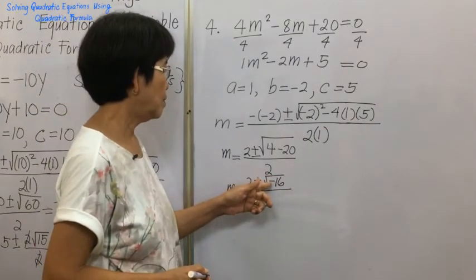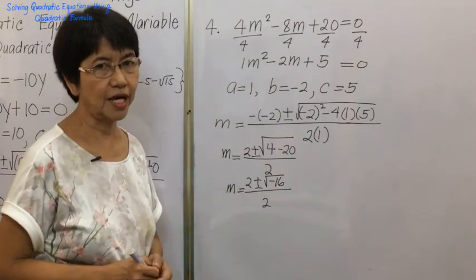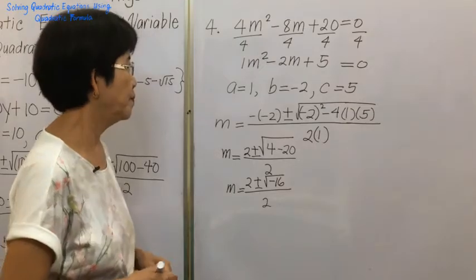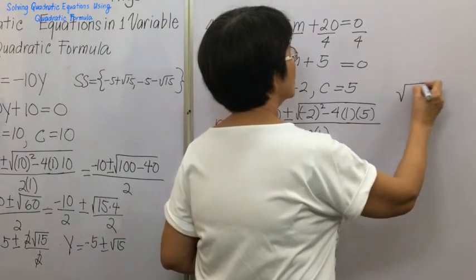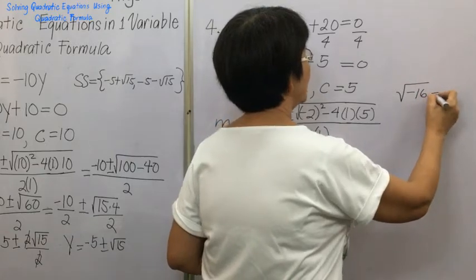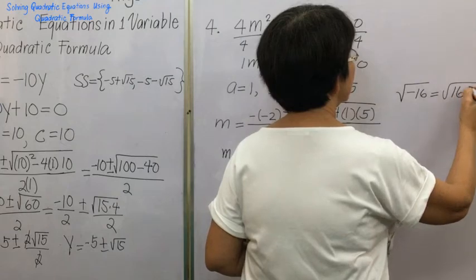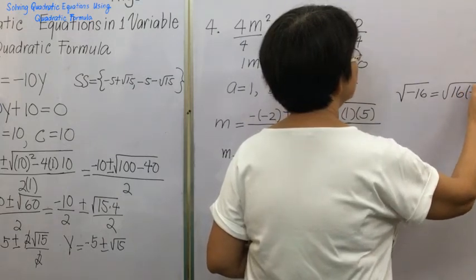Notice that we have a negative inside the radical sign, and that will produce an imaginary number. The square root of negative 16 equals the square root of 16 times negative 1.